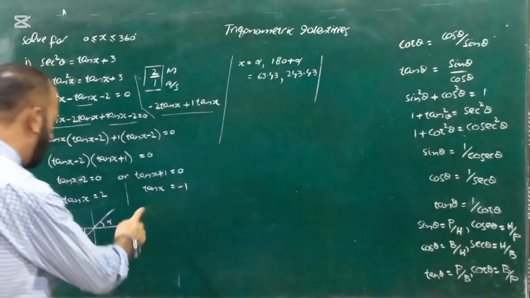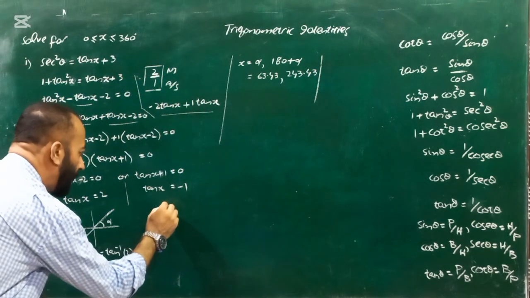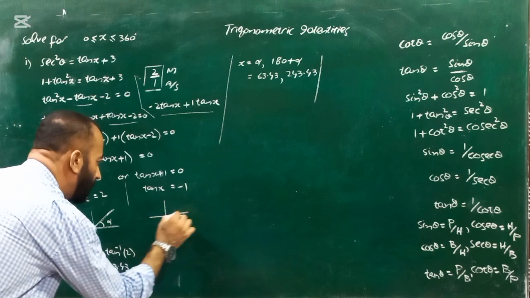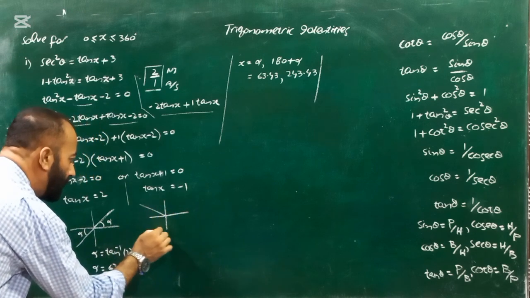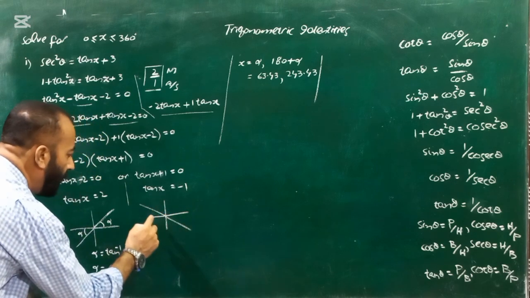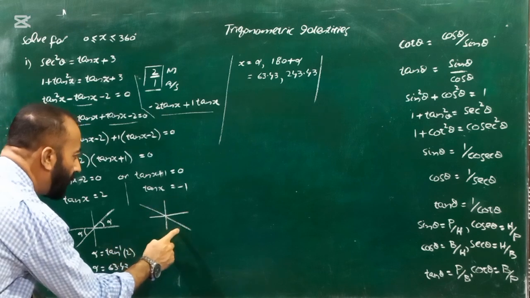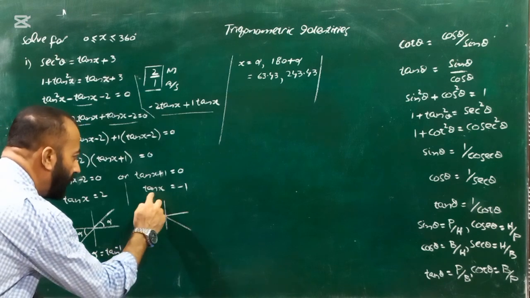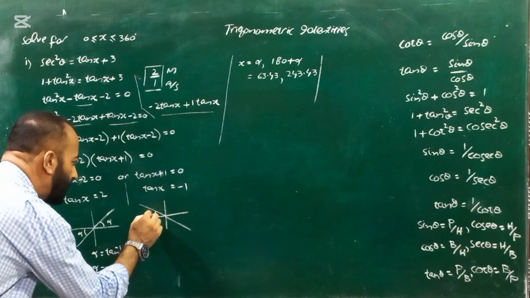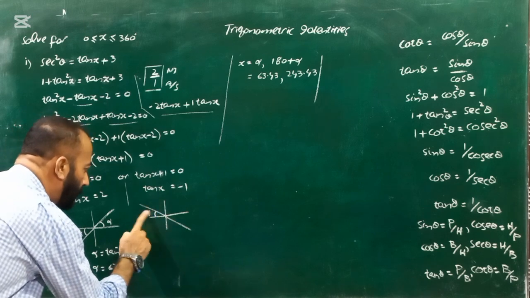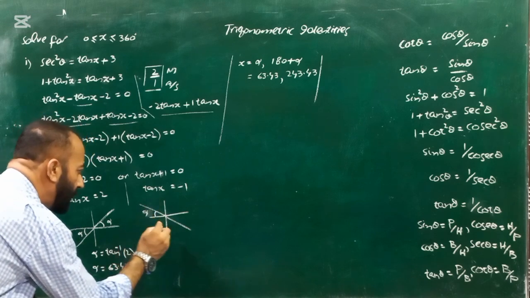Okay, now come here. Because tan is negative, so all students take chemistry. So the second and fourth quadrants will be there for this, because tan is negative in the second and fourth. So here is the basic angle.